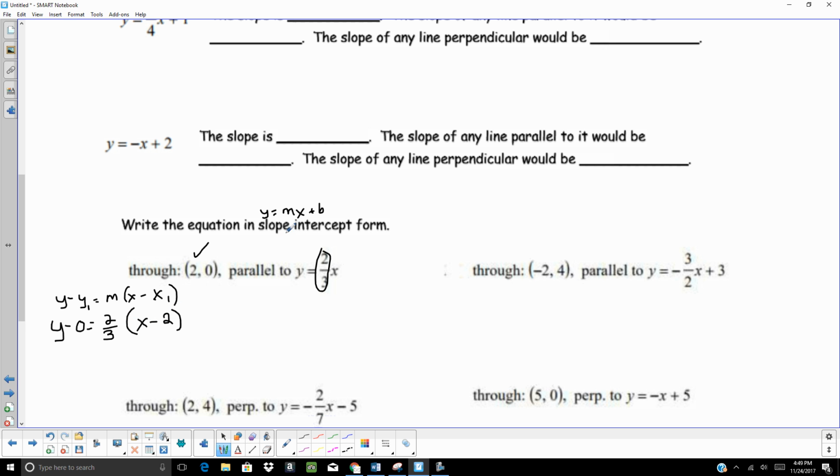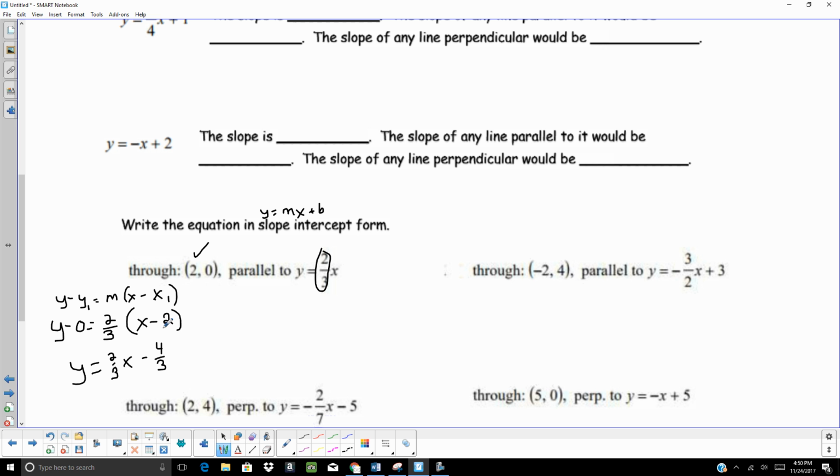Well, I need to make that look pretty. And this is going to be easy, this part. Y minus 0 is just y. And then I need to distribute 2/3 times x is just going to be 2/3 x. 2/3 times 2 is 4/3.